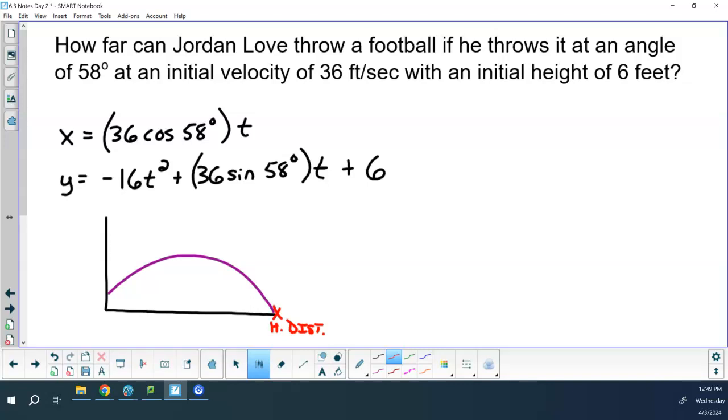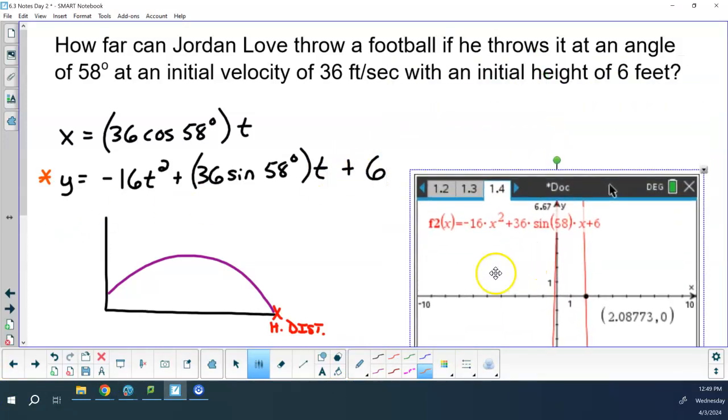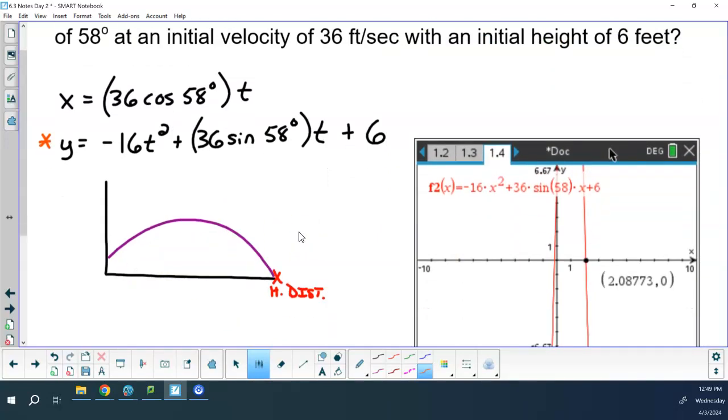The other way of doing it is we can just graph this y part in function mode. Okay? So if I graph the y part in function mode, I would get something that looks like that.